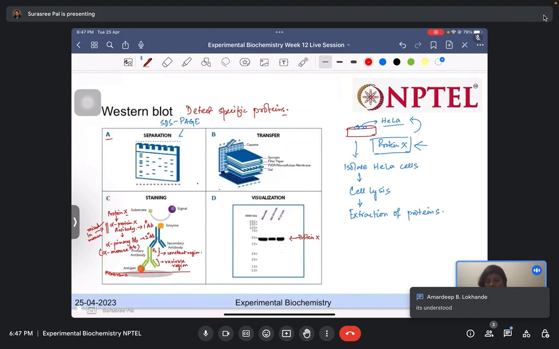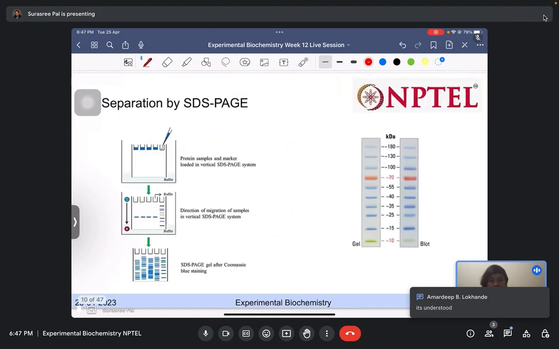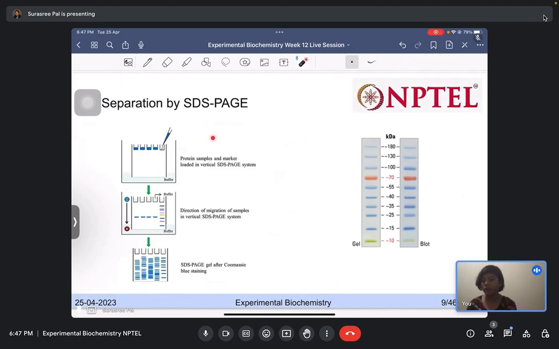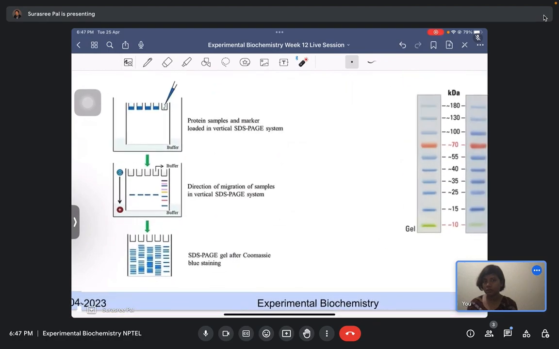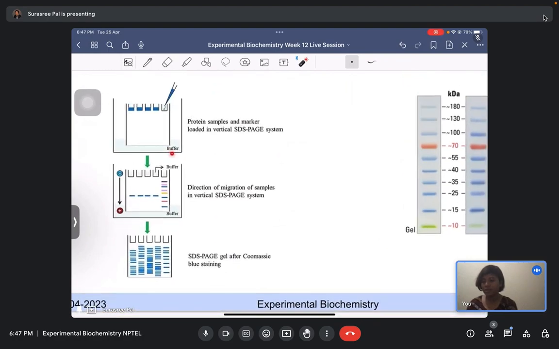Okay, so now we will discuss these steps in a little bit more detail. So the first step is the separation by SDS-PAGE. So we will run the protein samples in the gel, and we will allow the negatively charged proteins to be separated on the polyacrylamide gel.